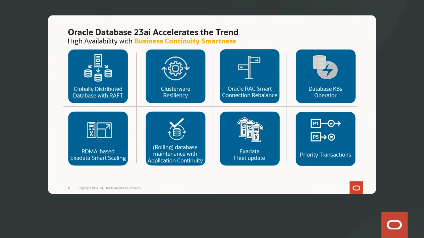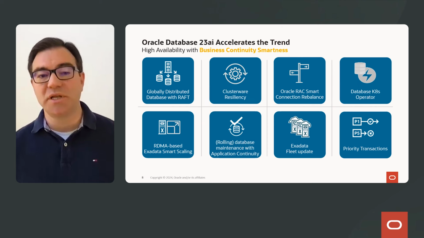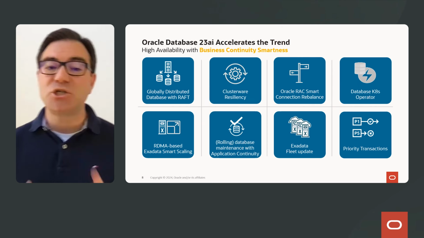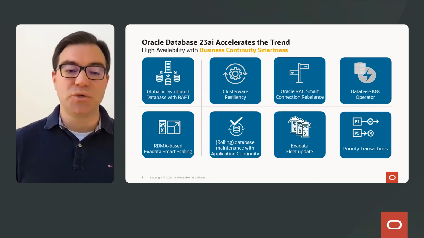Oracle Database 23AI accelerates this trend, meaning it accelerates the trend of providing high availability features with business continuity smartness. And I could give you a number of examples. Unfortunately, I won't have the time today, but I want to mention a few features just so you see that business continuity features are used in Oracle Database 23AI.